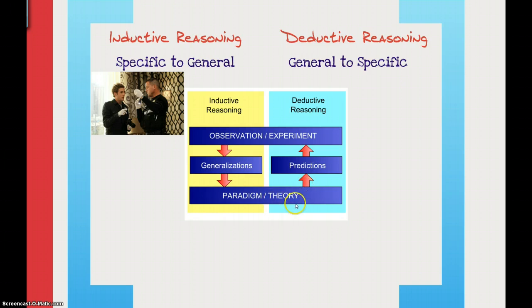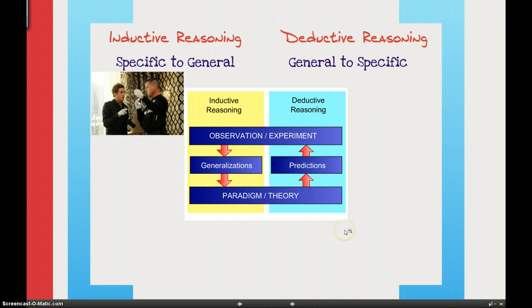So you know that when you toss something off a building, it is going to fall to the ground because of gravity. So if you say, I know this marker will hit the ground because I know the theory of gravity, you are using deductive reasoning to support your idea that the marker is going to hit the ground. You're starting with this overall theory and applying it to a specific instance.